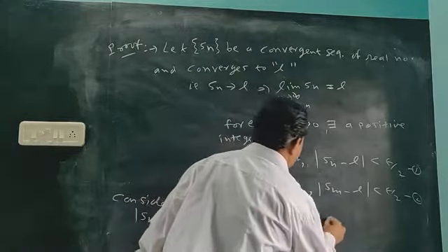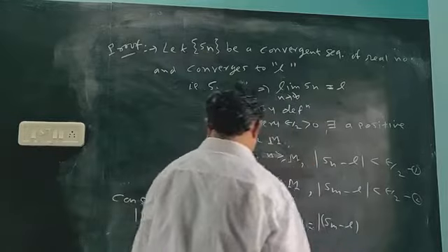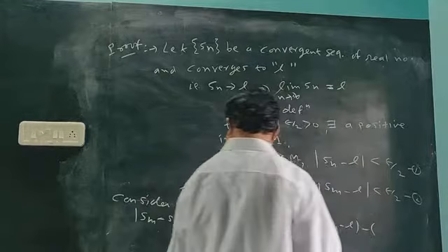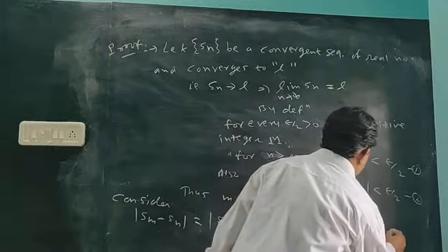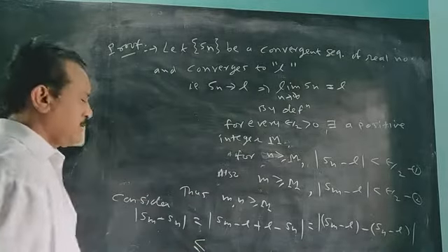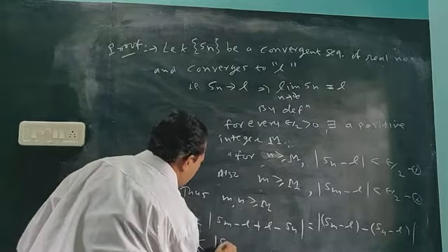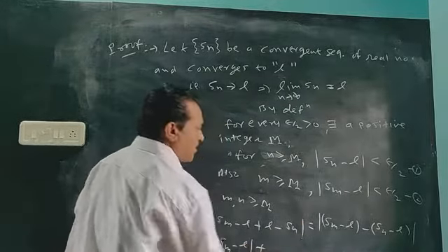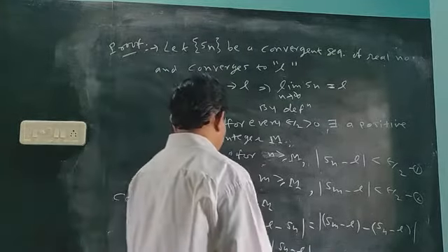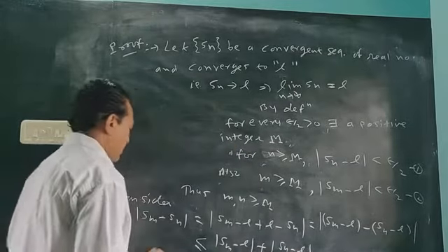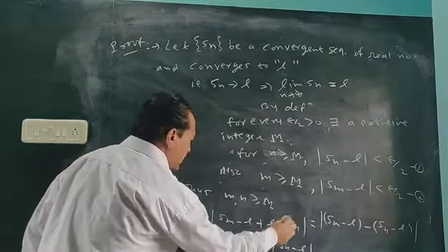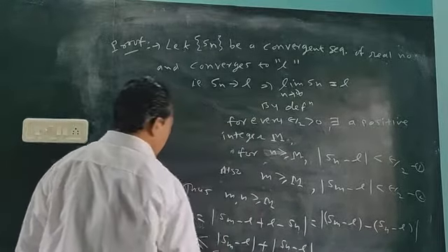So Sm minus L, one factor, plus L minus Sn, which is minus of Sn minus L. Now separate the mods: mod of Sm minus L plus mod of Sn minus L. Each is less than epsilon by 2, which together means epsilon.